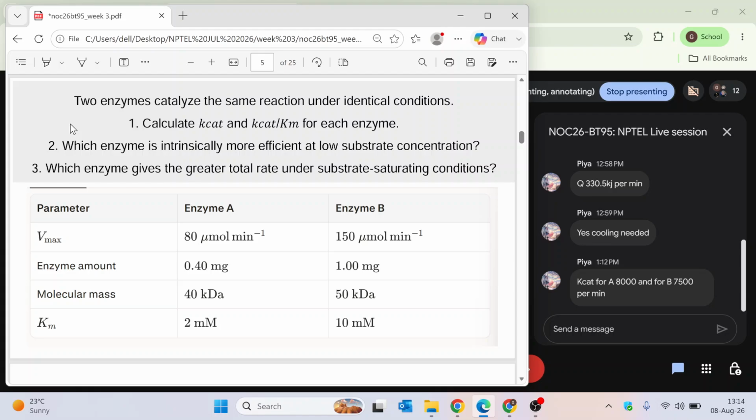With that, kcat is equal to Vmax by total moles of enzyme. So you have the Vmax value and the total moles of enzyme, and then you can find out the kcat value. And remember, your turnover number is going to be in the units of time inverse.